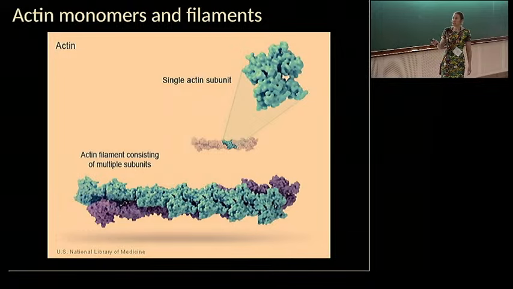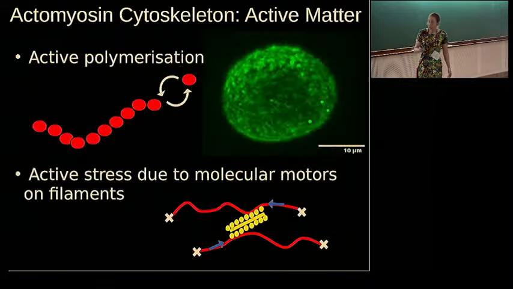This is a single actin subunit, and it polymerizes into filaments. And this is a short section of an actin filament to show you what it looks like in terms of the X-ray crystallography.